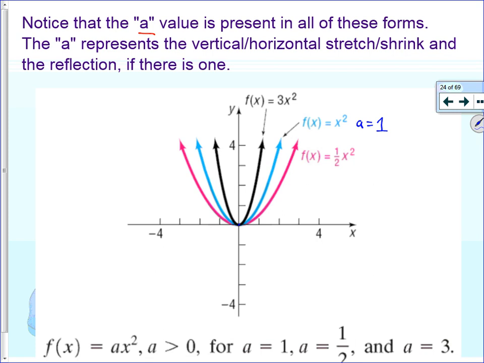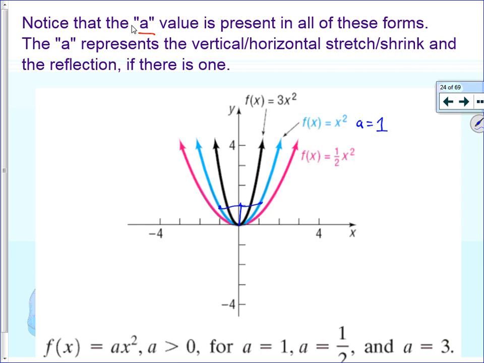Now let's take a look at the black parabola. If I start at my vertex and I go up 3 units, 1, 2, 3, and over 1, I'm going to reach 2 other points on my parabola.